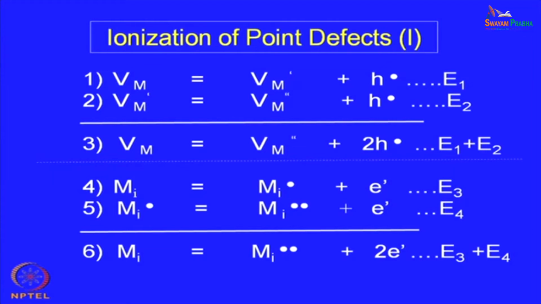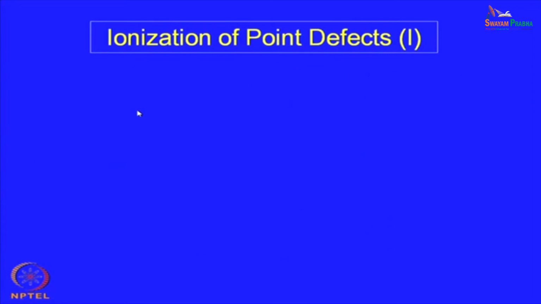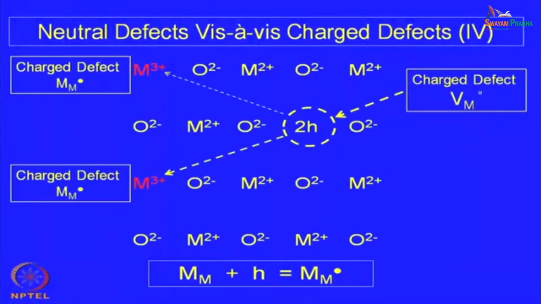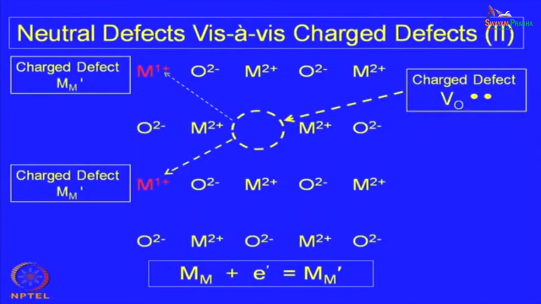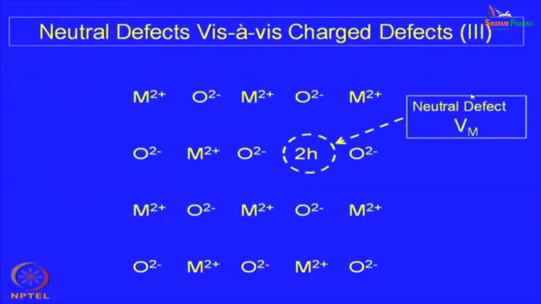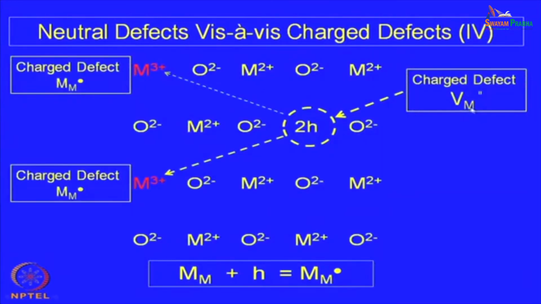In the earlier diagram we are talking about either 2 effective negative charges or 2 positive charges. The oxygen vacancy was 2 effective positive charges, whereas here it is 2 negative charges.